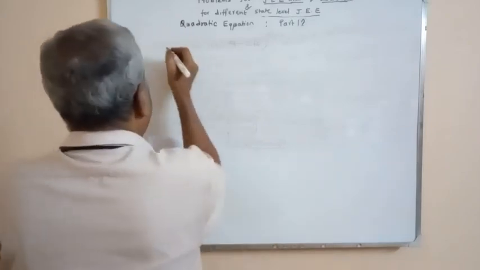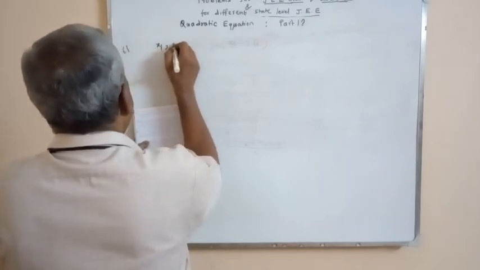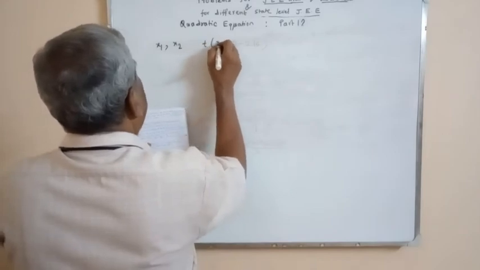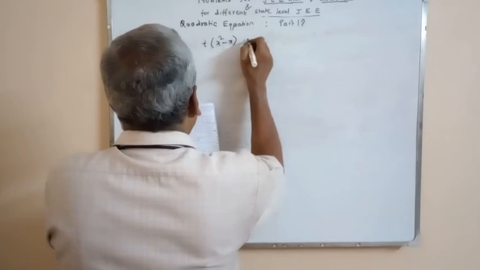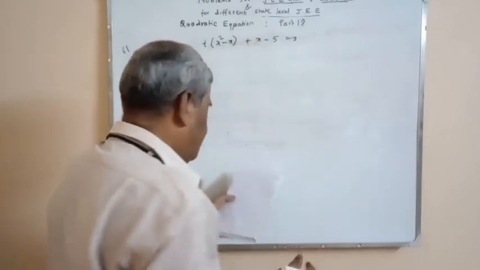If x1, x2 are roots of t into x square minus x plus x minus 5 is equal to 0.